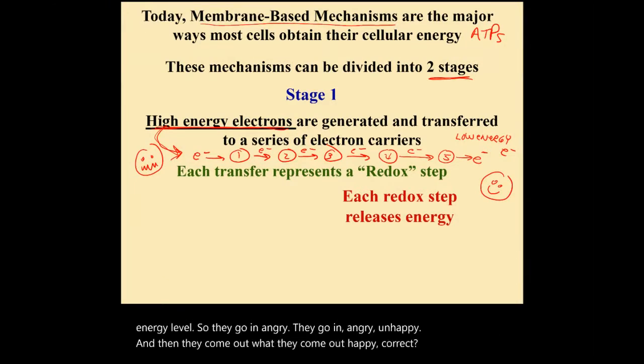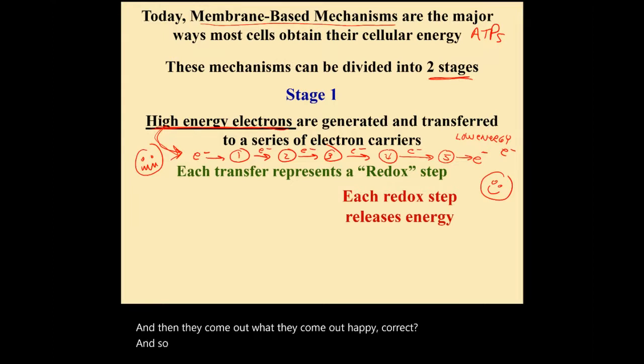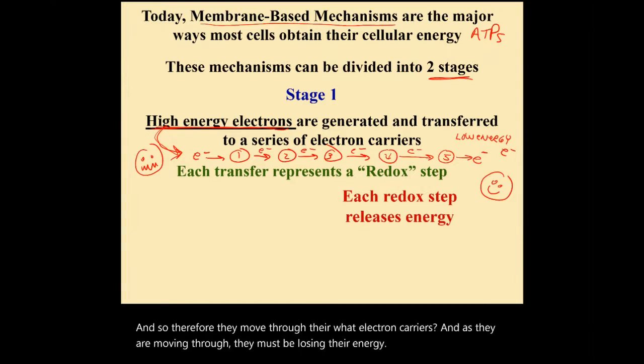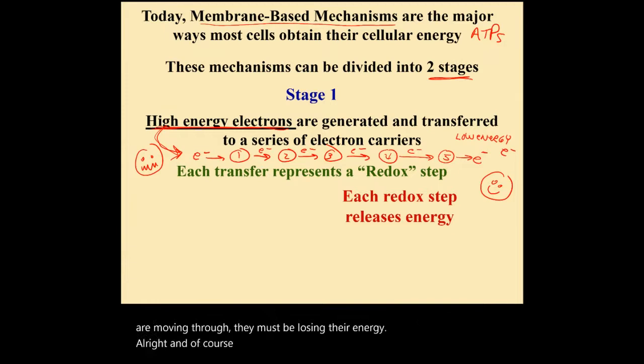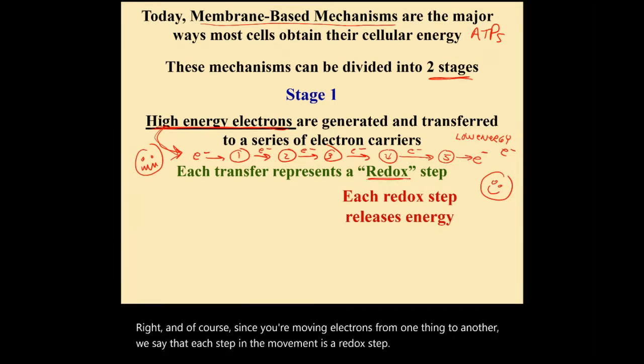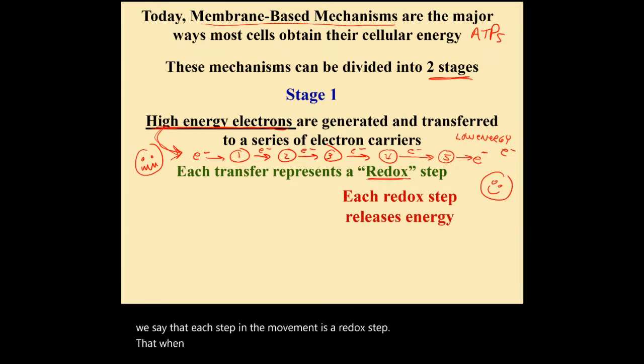So as they move through their electron carriers, they must be losing their energy. And since you're moving electrons from one thing to another, we say that each step in the movement is a redox step. When the electron comes into number one, it has been reduced.